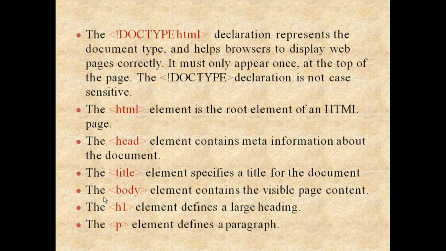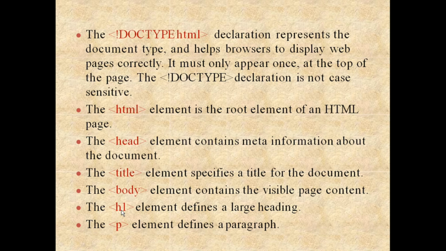And the next element is the body element, and it is the one which contains the visible page content. So the visible page content you have to write in which section? The body element section. Okay, and the next element is the h1 element, and the h1 element defines a large heading. If you want a smaller heading than h1, you can make use of h2, then h3.